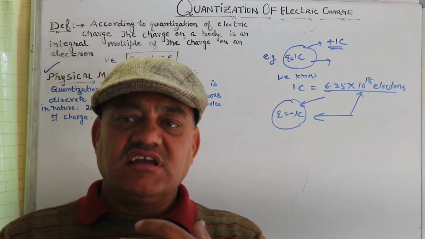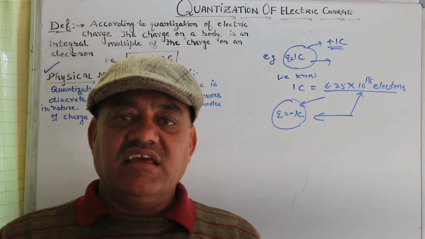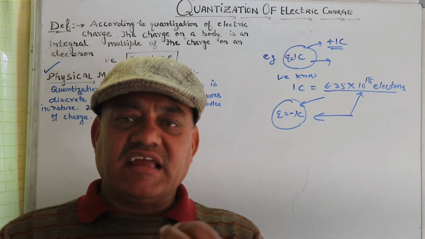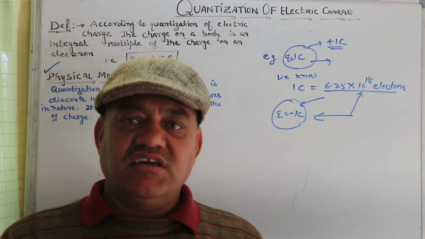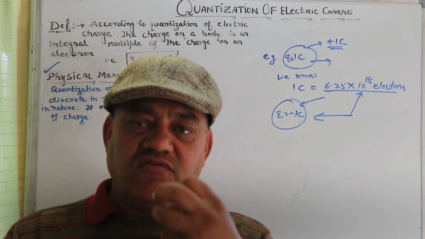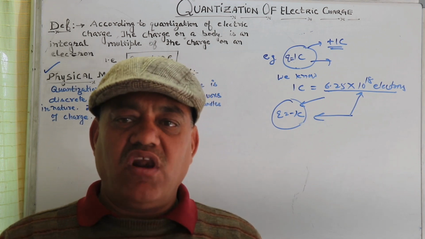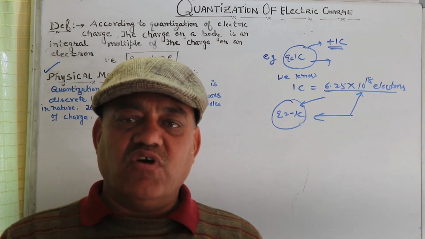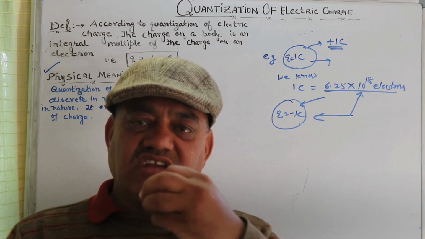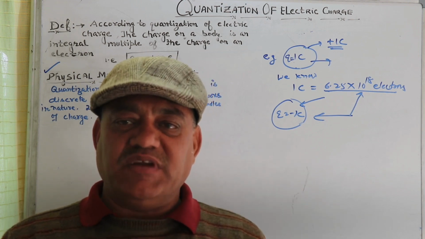It flows discontinuously in a discrete manner in the form of small packets and bundles of charge, because the smallest unit of charge is very small, that is 1.6 into 10 raised to power minus 19 coulomb, and this charge is flowing at a very high speed.